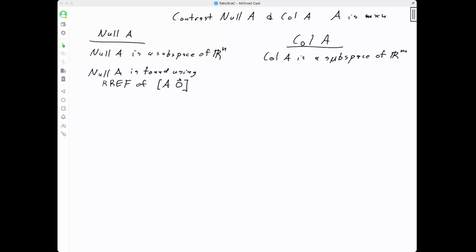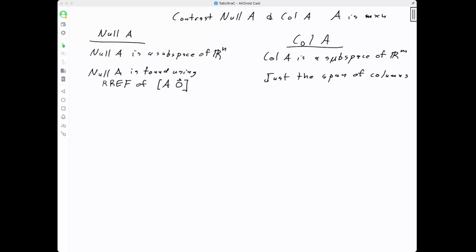The column space is just a span. So the column space is a lot easier to find than the null space. So that's the next big idea.